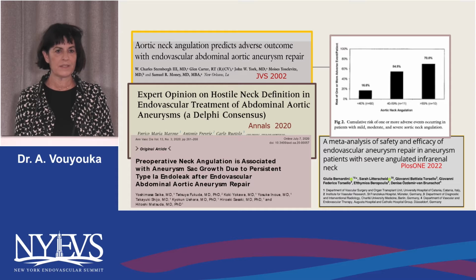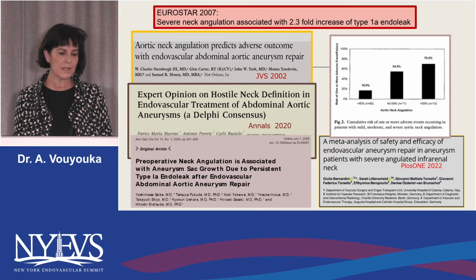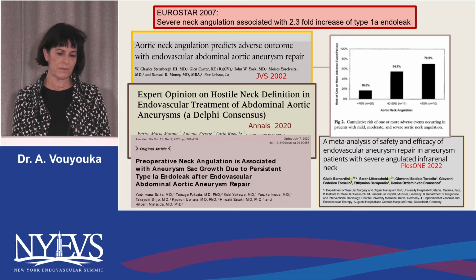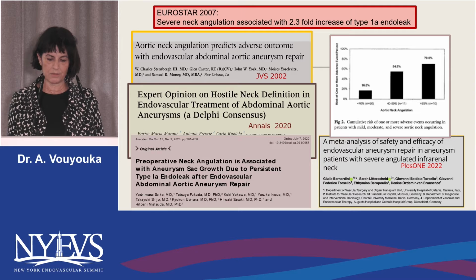As you saw already, aortic neck angulation is one of the criteria for hostile neck, and we recognized it early in the endovascular era. In 2007, from the Eurostar data, we found that severe neck angulation, more than 45 degrees, was associated with a 2.3-fold increase of type 1 endoleak.